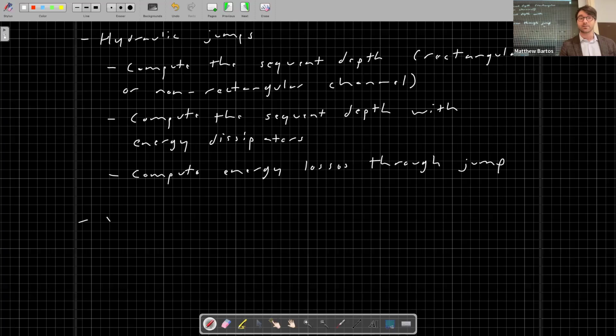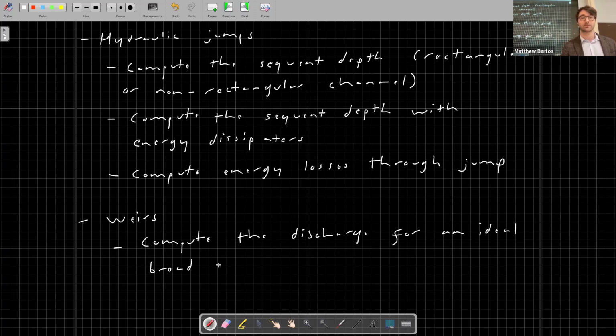The next topic is weirs. So for this topic, we're going to focus just on broad-crested weirs. So know how to compute the discharge for an ideal broad-crested weir.